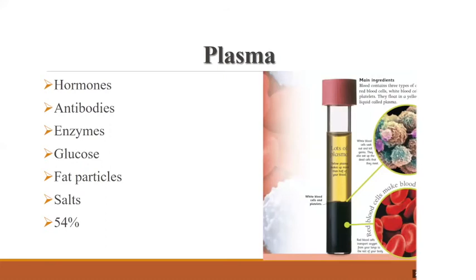Sugar and fat, we've got 2 nutrients. And now we need another, salts. Plasma contains a lot of nutrients. And maybe that's why it makes up more than half, or 54%, of your blood.